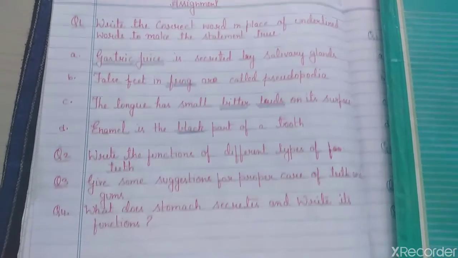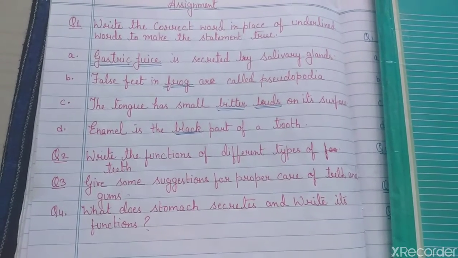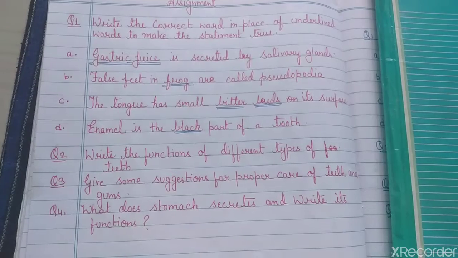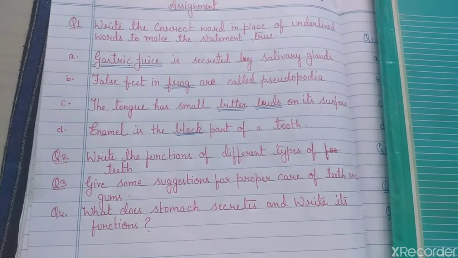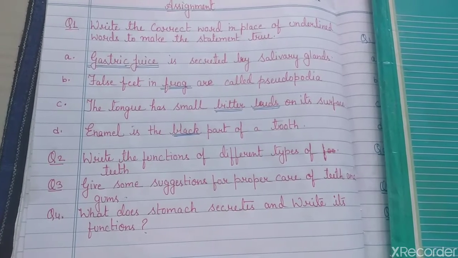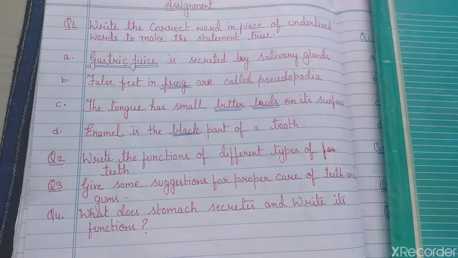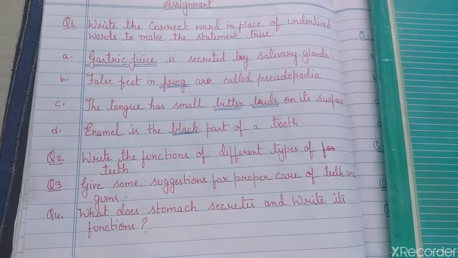That is, gastric juice is secreted by salivary glands. You know where the salivary glands are present, and salivary glands secrete saliva, not gastric juice. So you will write the answer over here. False teeth in frog are called pseudopodia.